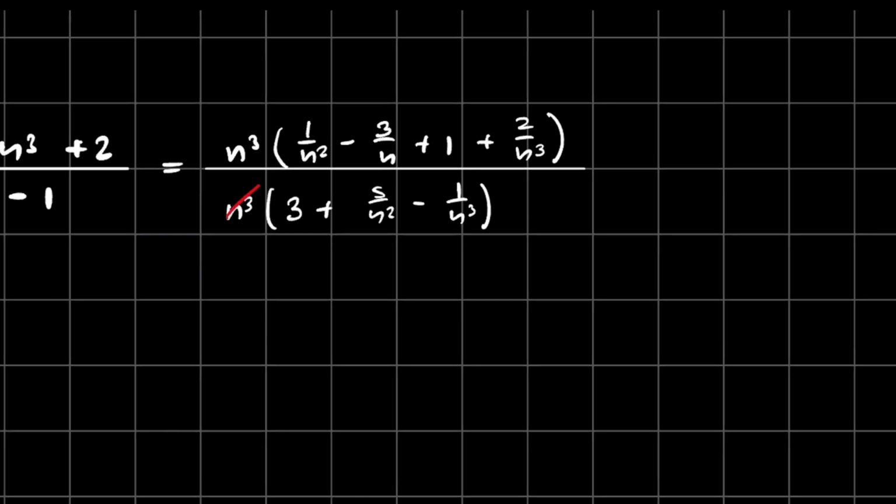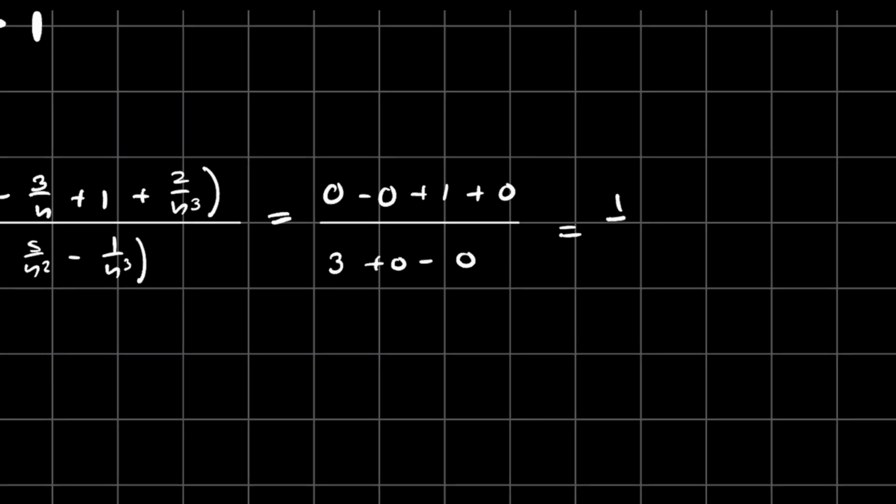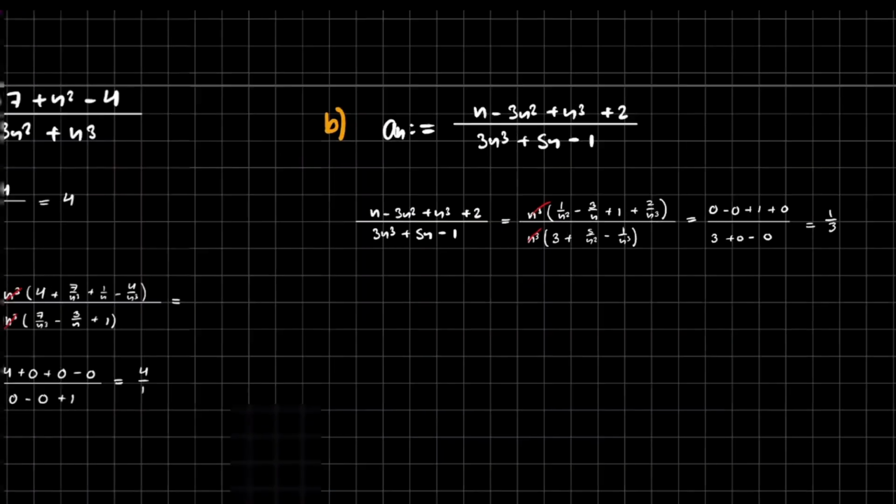These two will cancel out. Once we approach infinity, we're going to have 0 minus 0 plus 1 plus 0 over 3 plus 0 minus 0, and it's basically going to be 1/3. The limit of that is 1/3.